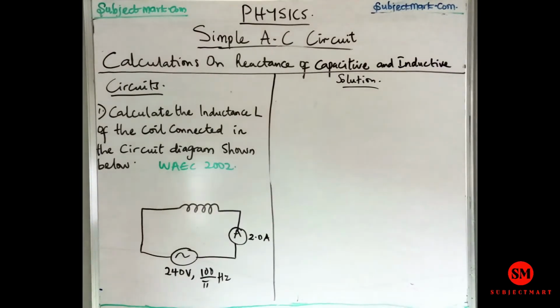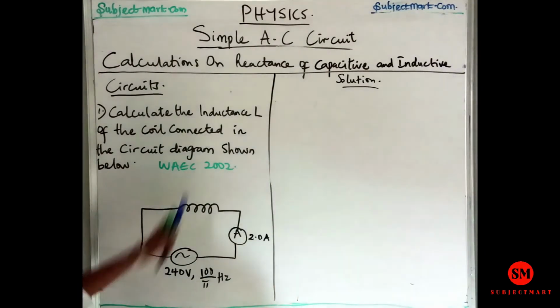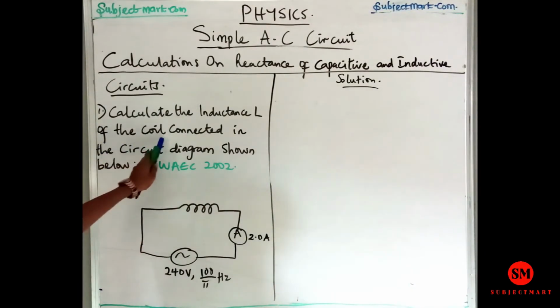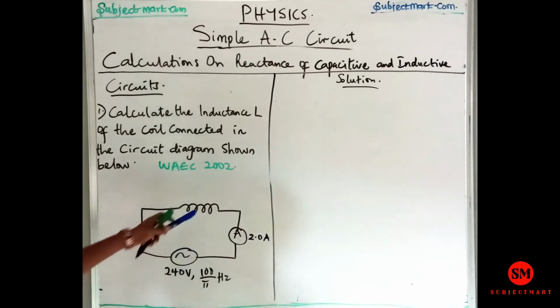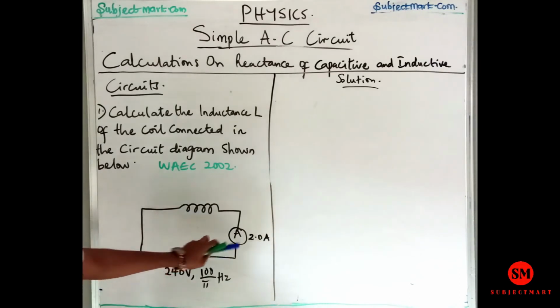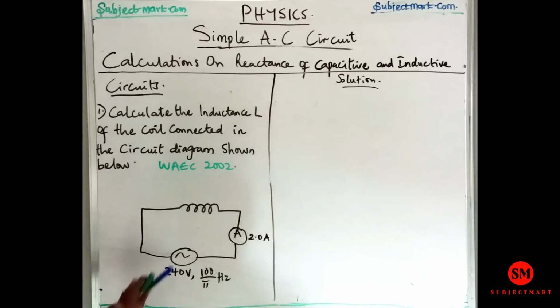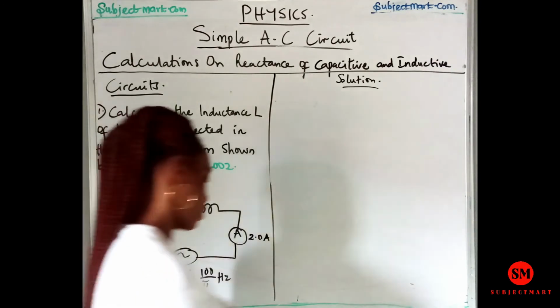The first example here says, calculate the inductance L of the coil connected in the circuit diagram shown below. Here is the inductor, here is the ammeter, and here we have the alternating current, the voltage, and the frequency.